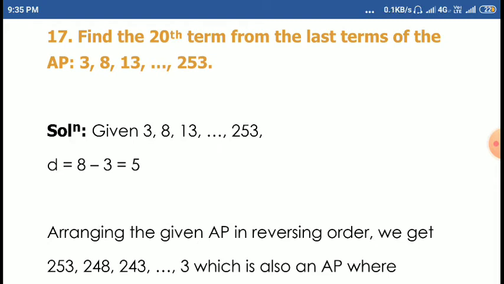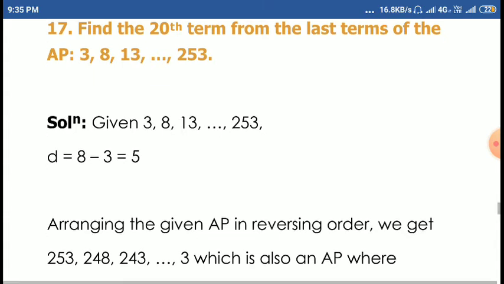If you find the difference between consecutive terms of this list of numbers, you find a constant number. That is why the common difference d is equal to 8 minus 3, which is 5. First of all, we have to verify whether the given list of numbers is an AP or not. So this list is an AP where the common difference is 5.